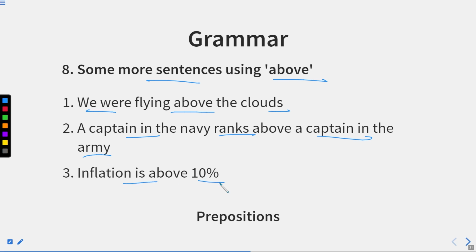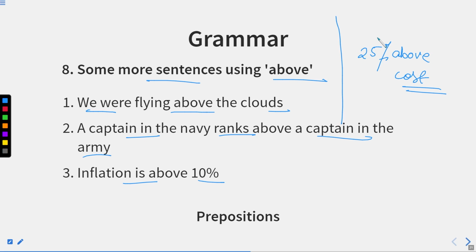Inflation is above 10%. Now, you must have read a phrase many a time in your mathematics questions as well. That is, the shopkeeper kept the price 25% above cost price, or marked the price 25% above cost. Above cost means that the cost increased by 25%.